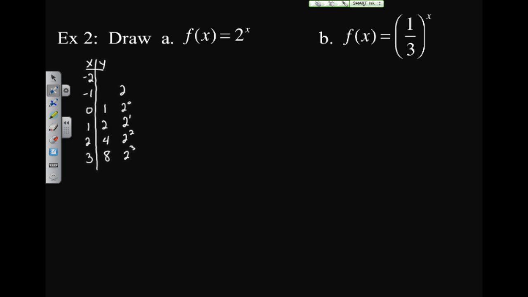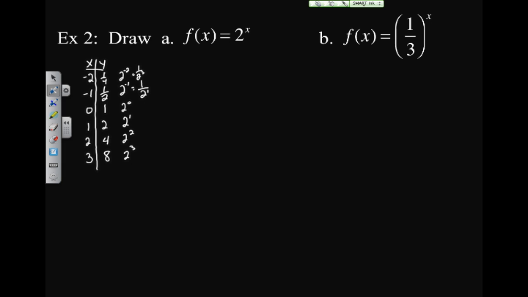Now 2 to the negative first power, remember the negative exponent means the reciprocal, so it ends up being 1 over 2 to the first power, which is 1/2. Then 2 to the negative second is 1 over 2 squared, which is 1/4.